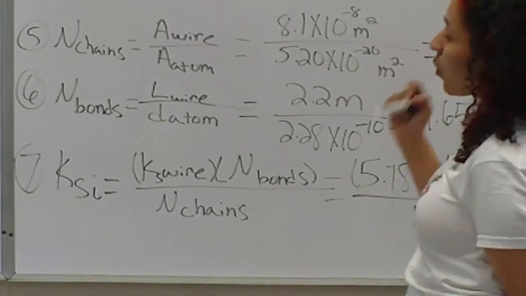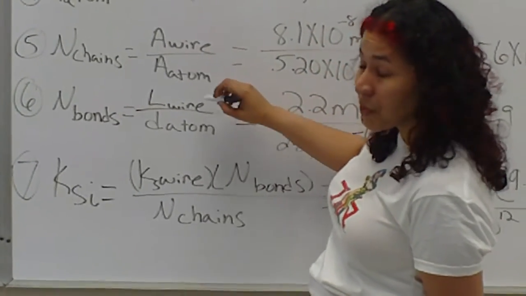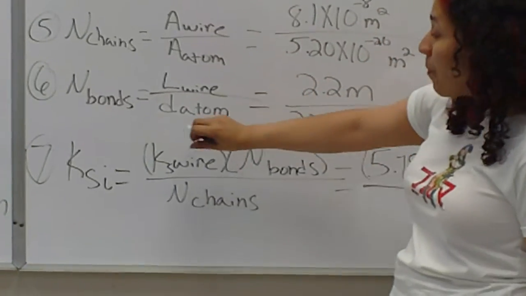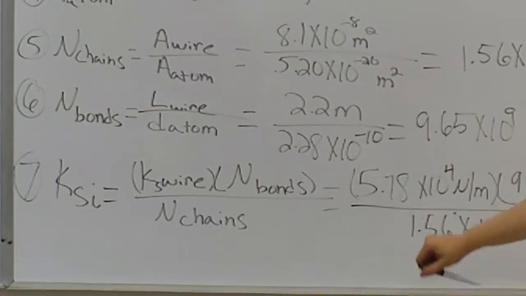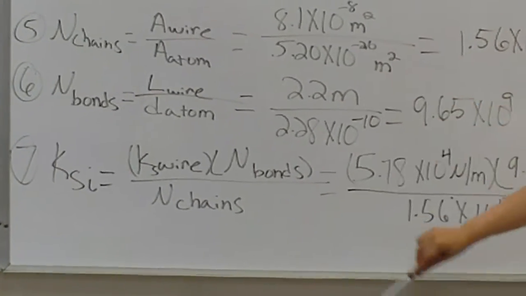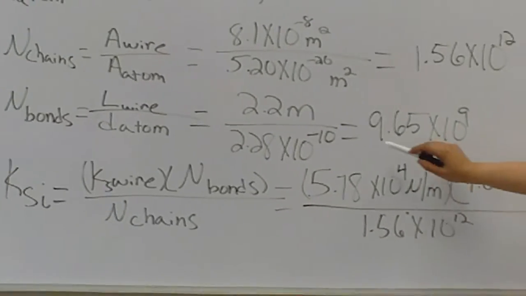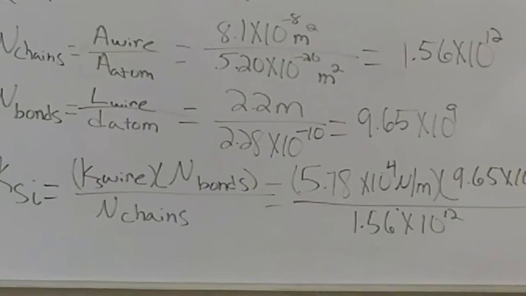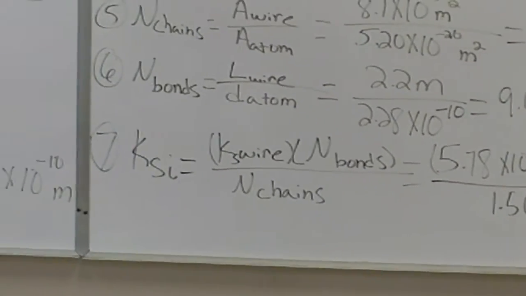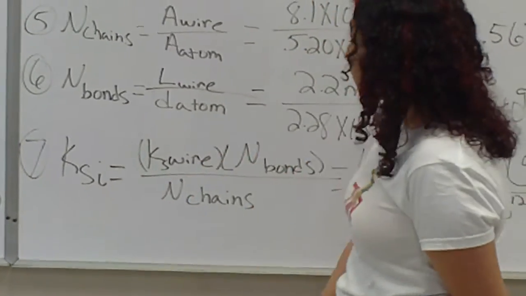To do that, you take the length of your wire, which is given in the original problem, divided by the diameter of the atom that you solved for. So you have 2.2 meters divided by 2.28 times 10 to the negative 10, and that gives you 9.65 times 10 to the 9.